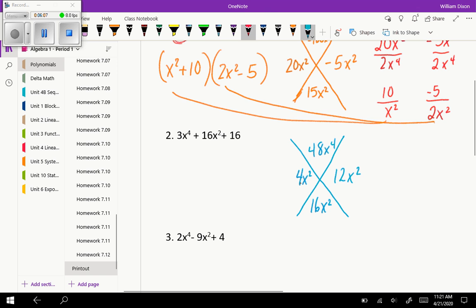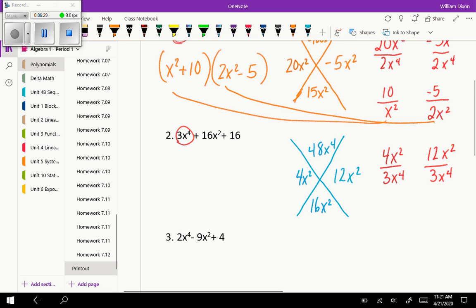I'm going to put those two over our leading coefficient of 3x to the fourth. So I'm going to have 4x squared over 3x to the fourth. And I'm going to have 12x squared over 3x to the fourth.